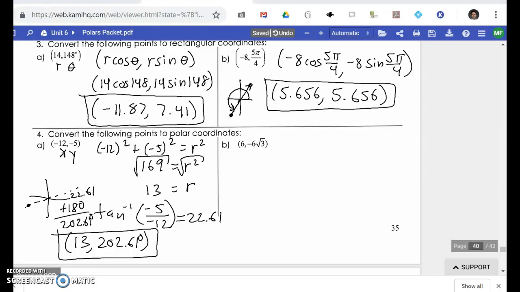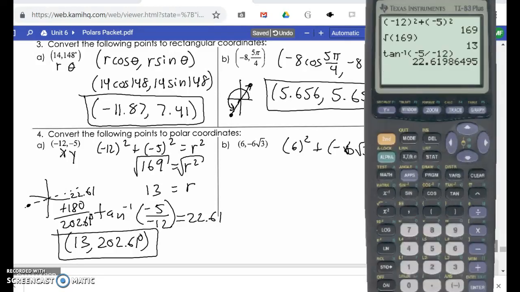So we need to do the Pythagorean Theorem. We're going to do 6 squared plus negative 6 root 3 squared. That'll give us r squared. I'm going to do this carefully on my calculator. We'll do 6 squared plus negative 6 root 3 parenthesis squared, because I have to close off the parenthesis for the square root and a parenthesis that I had on the outside.